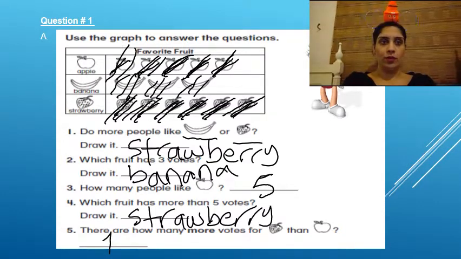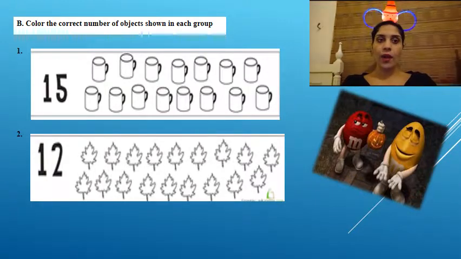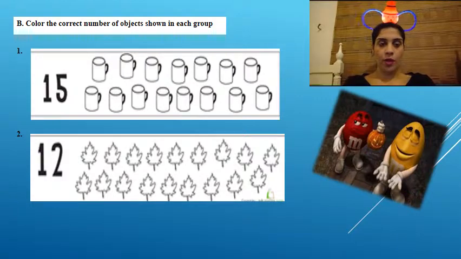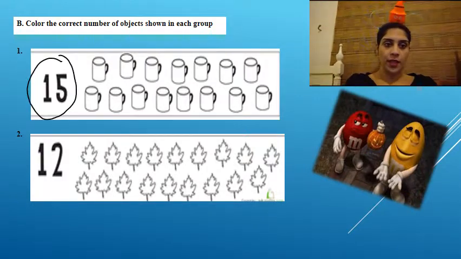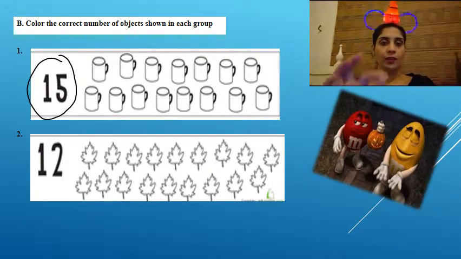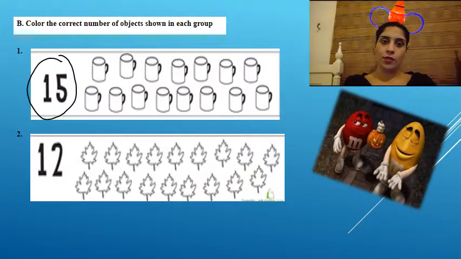Let's move to the other question. Here we have to color the correct number of objects shown in each group. We have here number 15. Then we have to color only 15 cups. Let's try together.